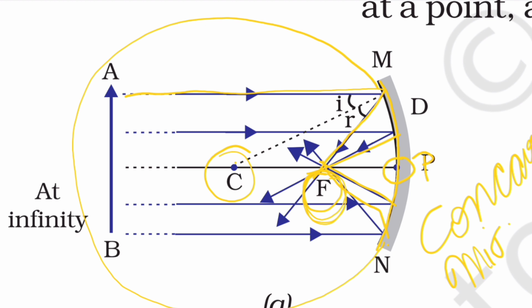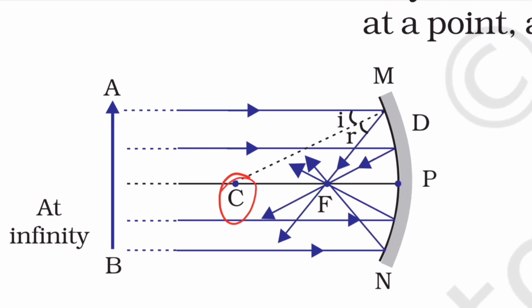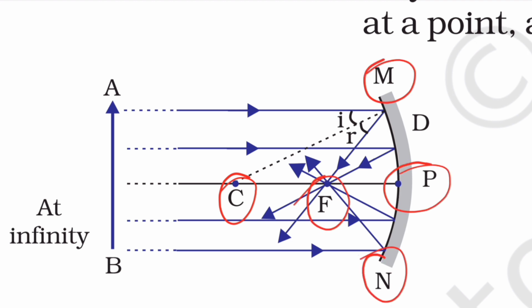The distance from the pole to F is represented by small f. It is the focal length. From here to here, it is represented by small f. It is very important. You have learned that C is the center of curvature, F is the principal focus, P is the pole, and M and N are the mirror.